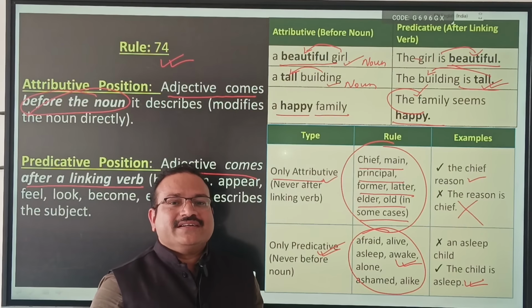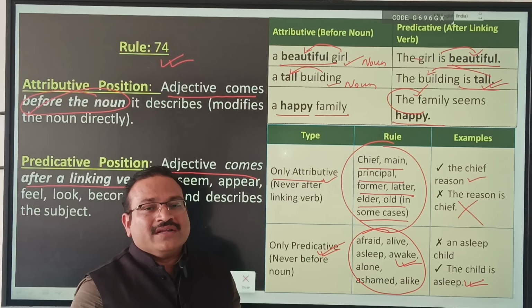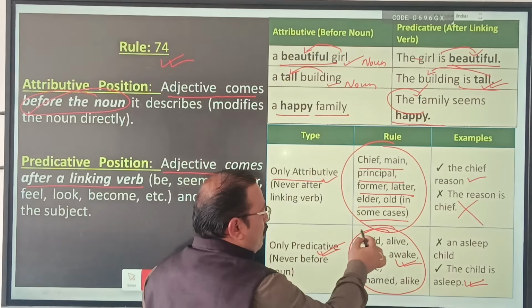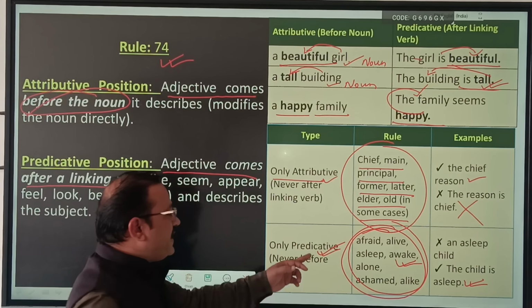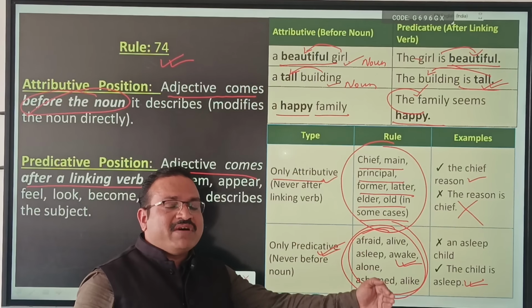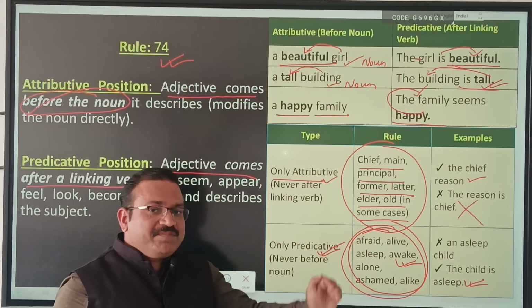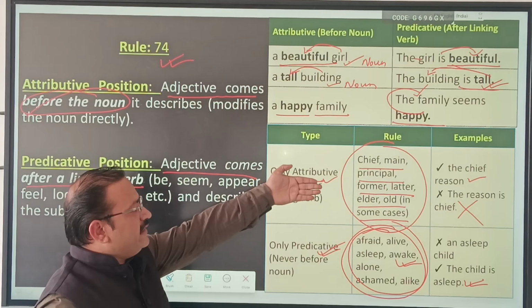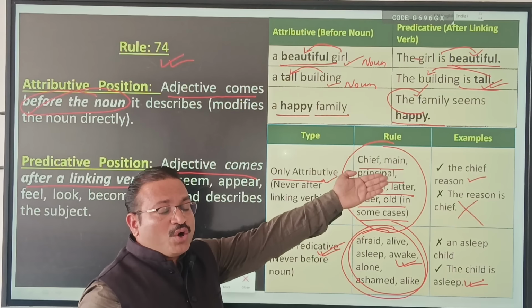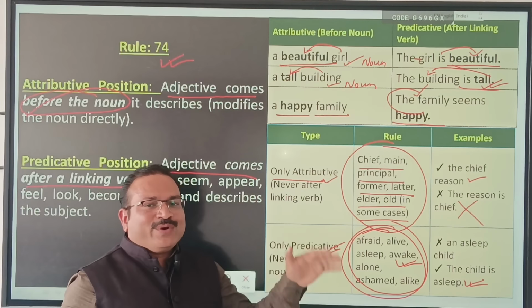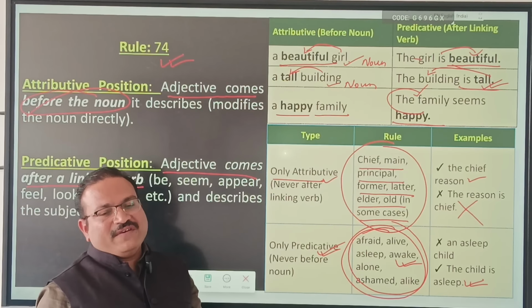An awake person, wrong. The person is awake. So these all are what? Predicative adjectives which always come after a linking verb, जो linking verb के बाद आता है और subject को qualify करता है. And these are the adjectives which always come before nouns. Noun के पहले आते हैं और वो क्या करते हैं? Noun को qualify करते हैं.